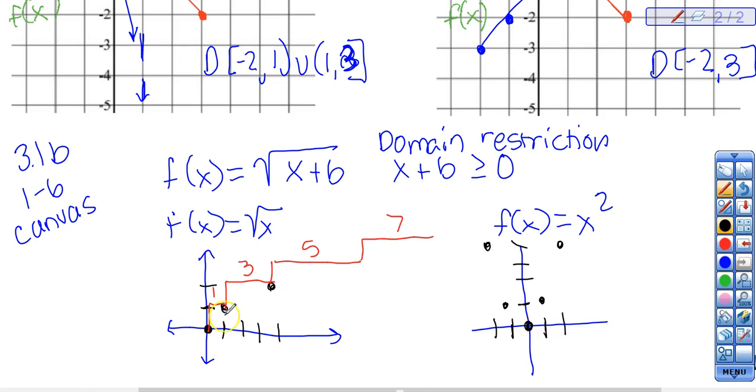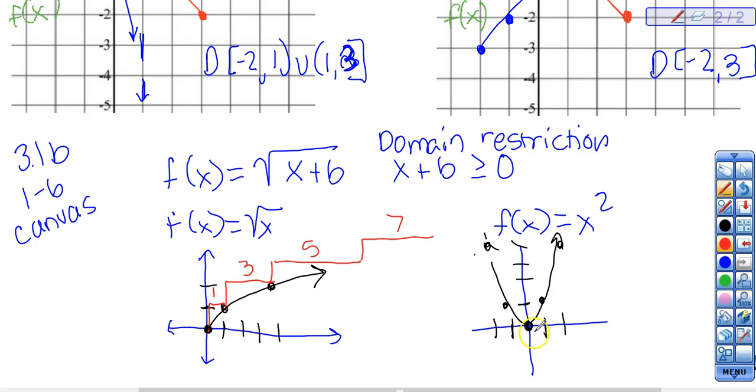Okay, I want you to compare these two because they're inverses. So this one graphs like, maybe it's going to let me graph like that. And of course, this one graphs like, yeah, it's half a parabola. It is. Look at your pattern of points on your parabola.